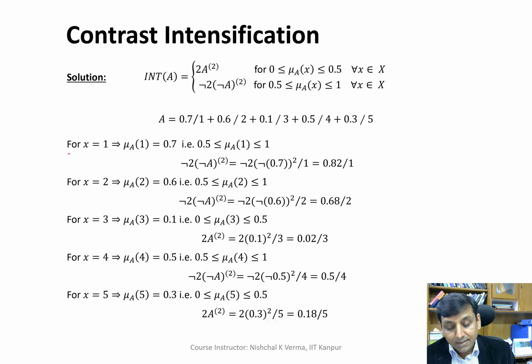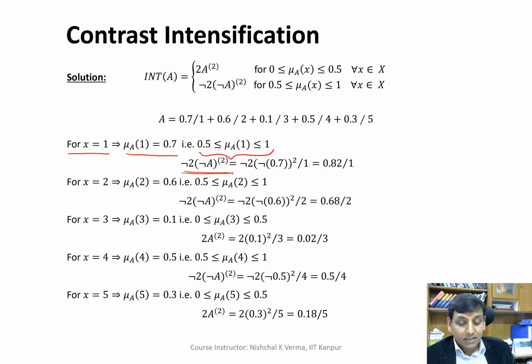For x is equal to 1, we have mu A of 1, which is 0.7, and this is within this range. So this is above 0.5. So this expression applies. What is this expression?